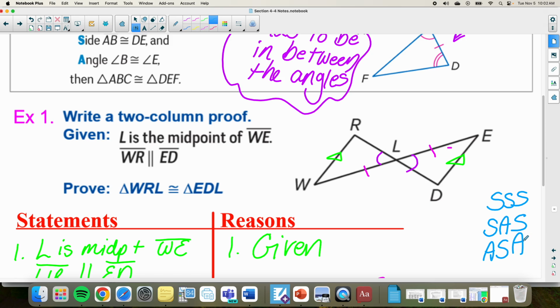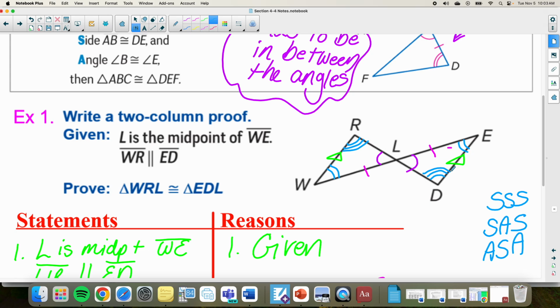Now here's the deal with this. When you have parallel lines, that means this angle is congruent to that angle, and it means this angle is congruent to this angle. Right now, we only know angle, side, angle, okay?